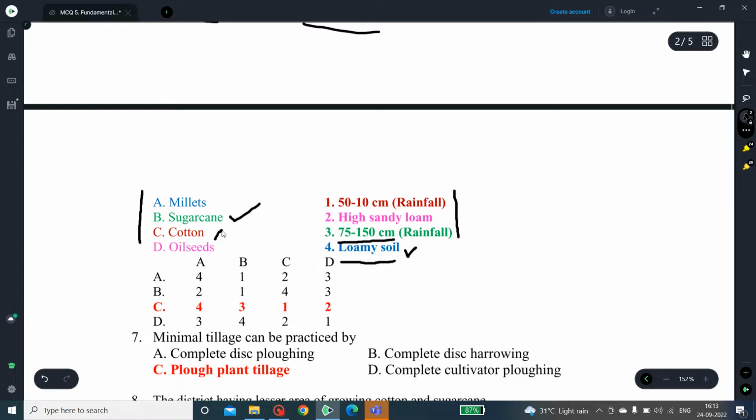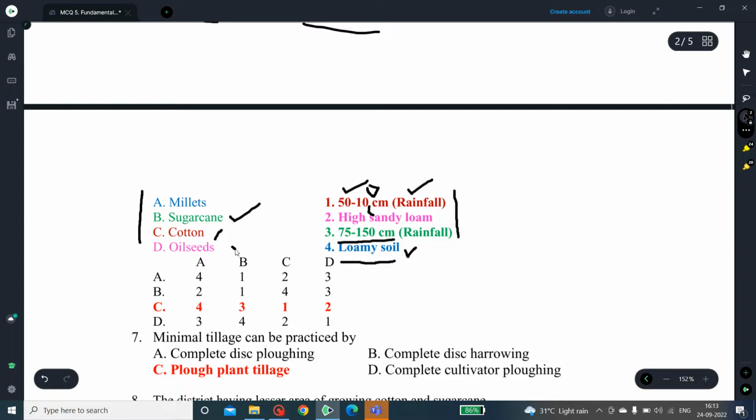Cotton needs 50 to 100 centimeter rainfall. There is a spelling error in the option. This rainfall is equivalent to 500 to 1000 mm.